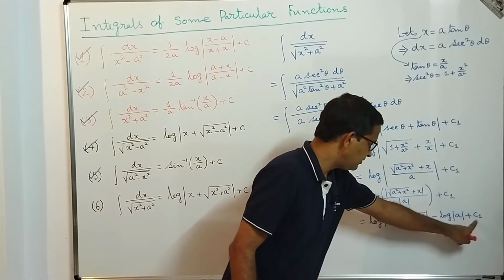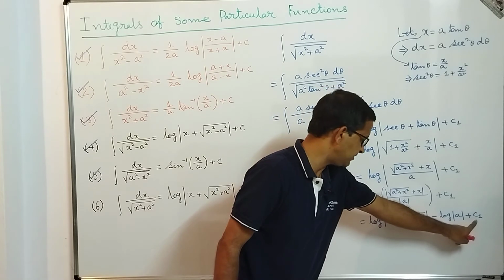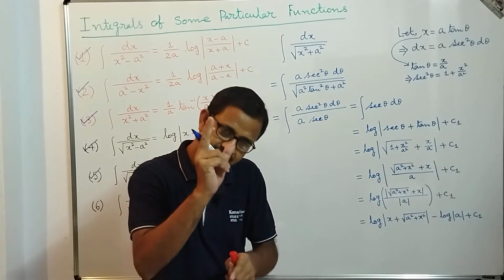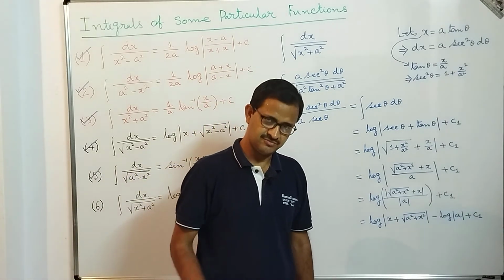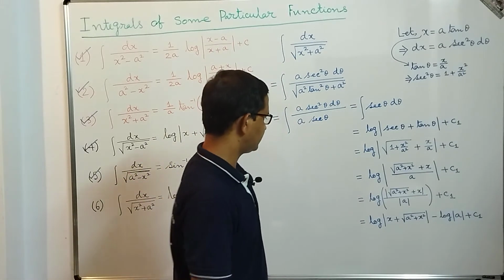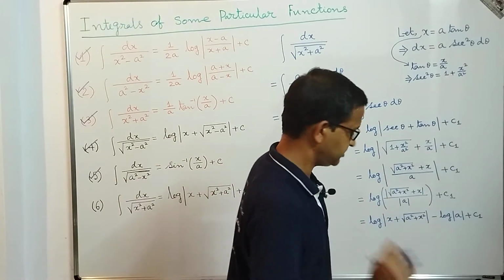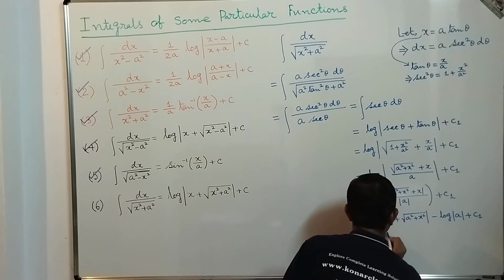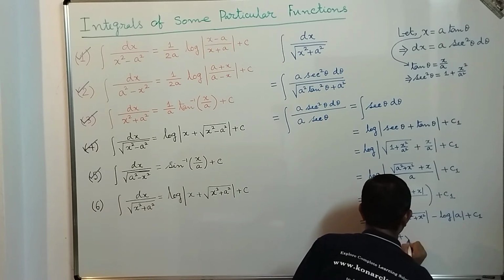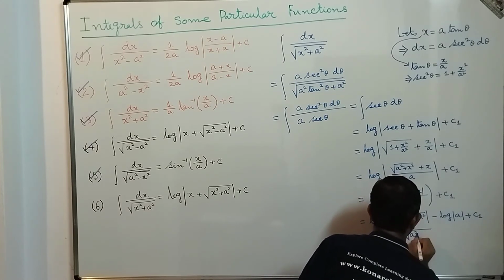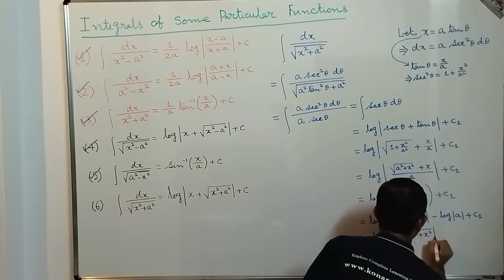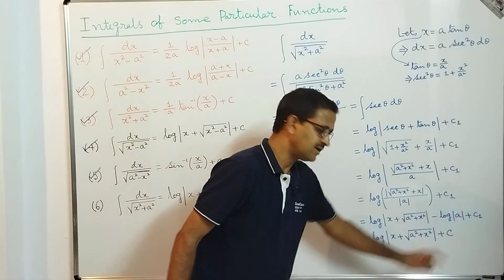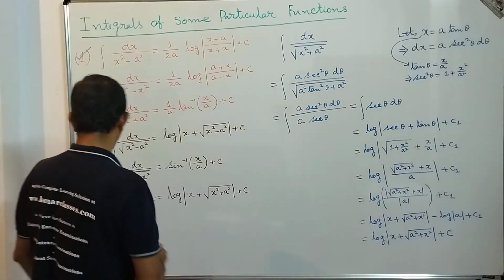Now that c1, which is the constant of integration, and minus log of mod a, we can club together and get another constant called c, which we can consider as a constant of integration. So we get that this is equal to log of mod x plus square root of a square plus x square plus c, where c is the constant of integration.